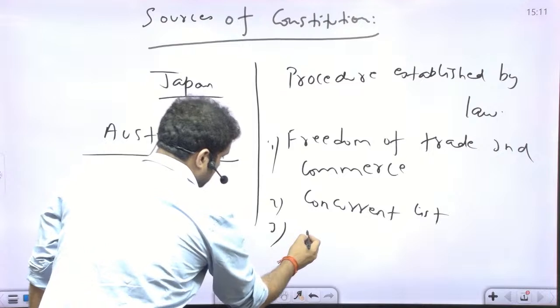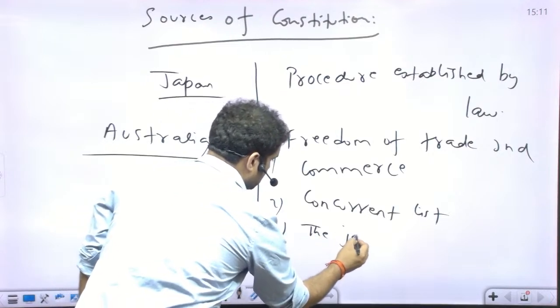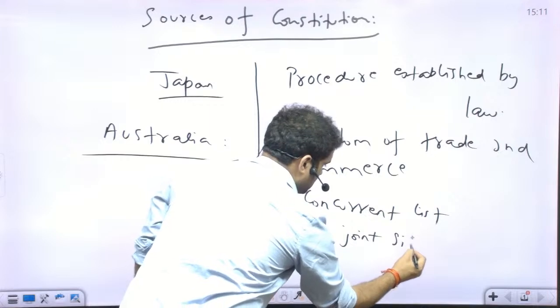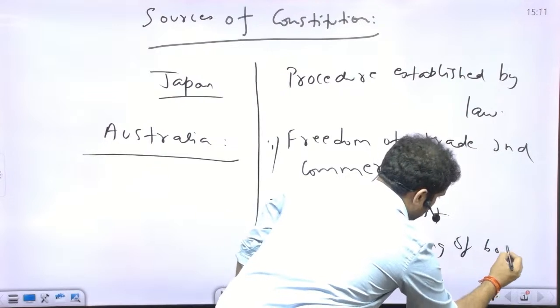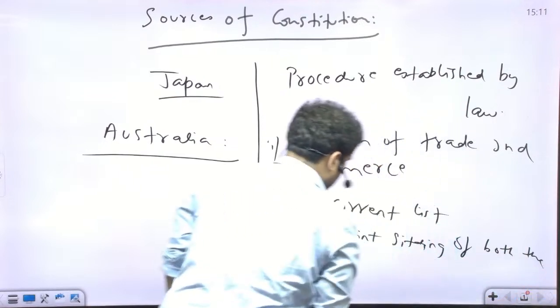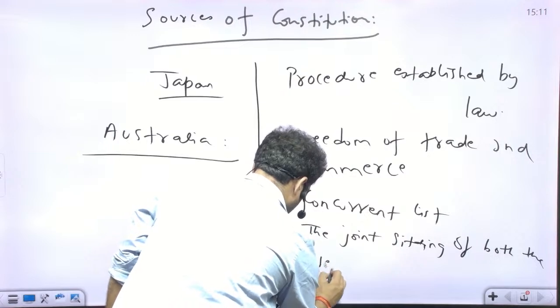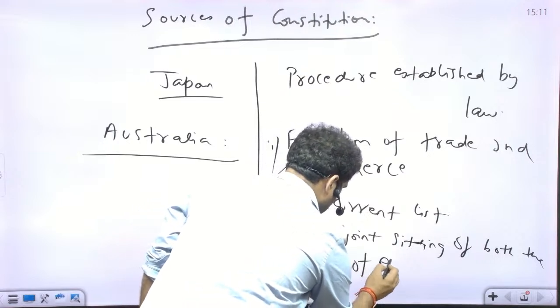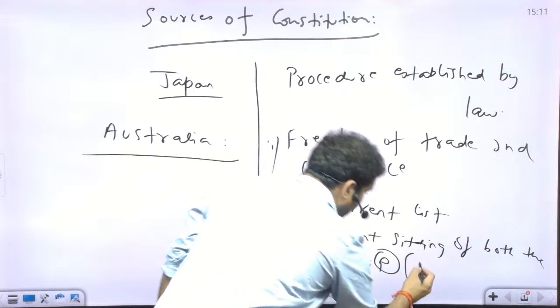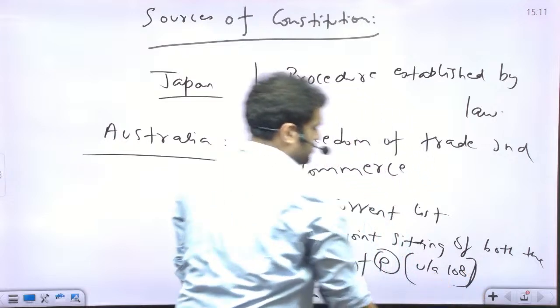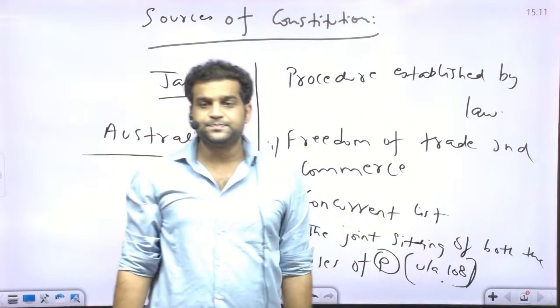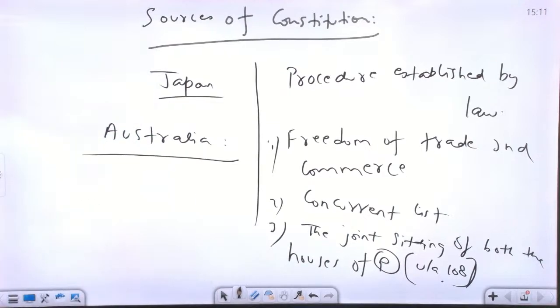And third is the joint sitting of both the houses of parliament. And you can write, this is mentioned under article 108 of our constitution. The joint sitting of both the houses of parliament, not state assembly.